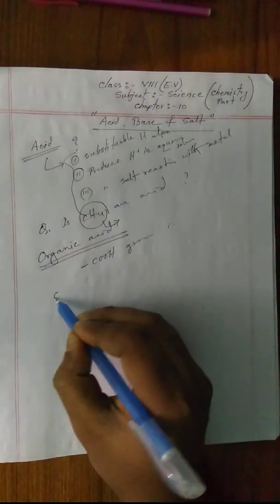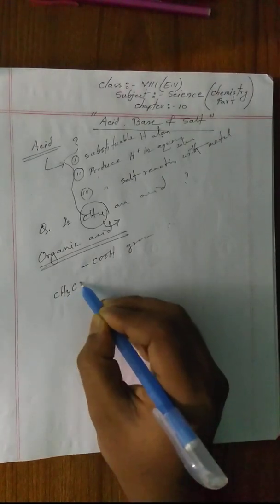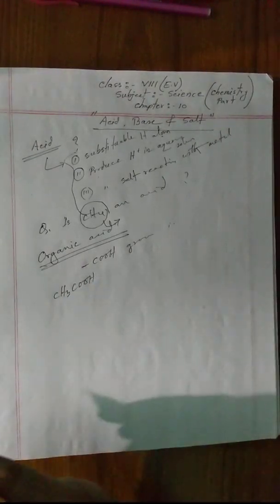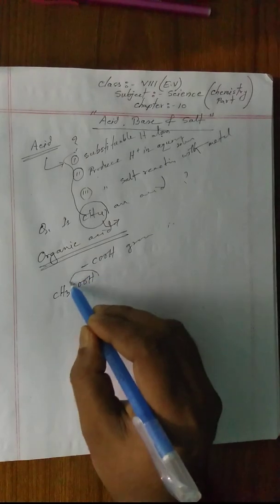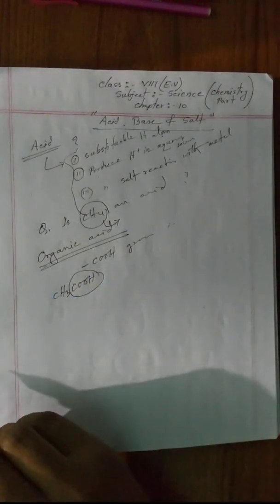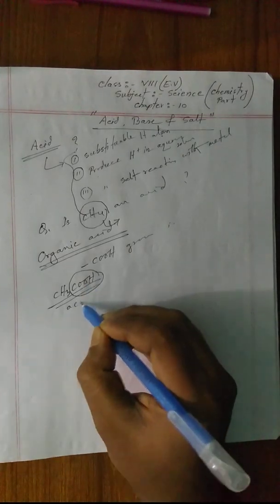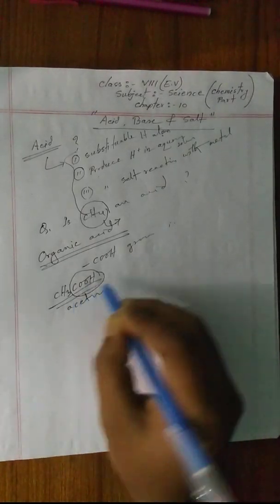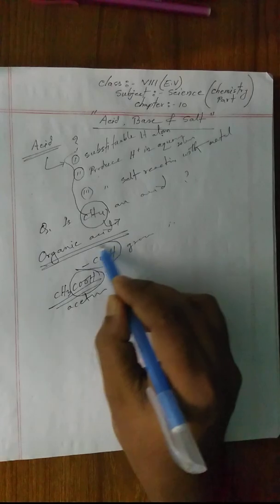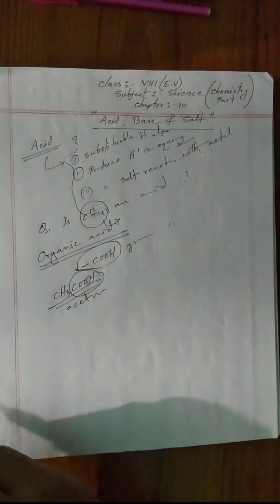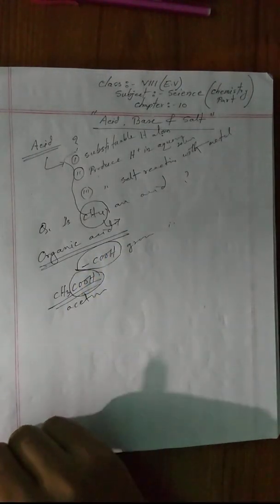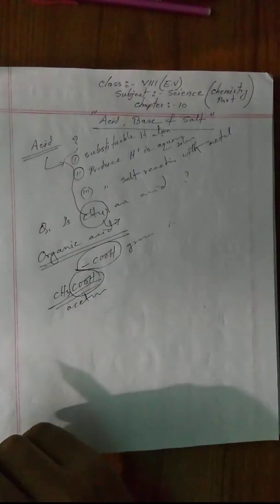Suppose CH3COOH. This is an organic acid because this acetic acid contains the COOH group. That is why acetic acid is an organic acid.